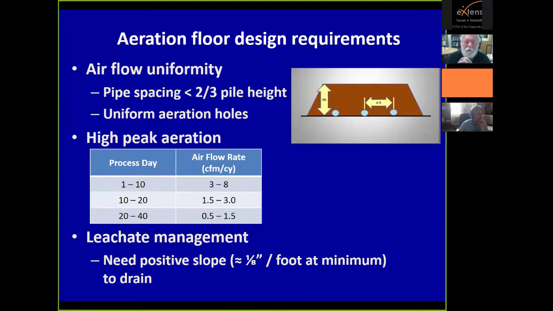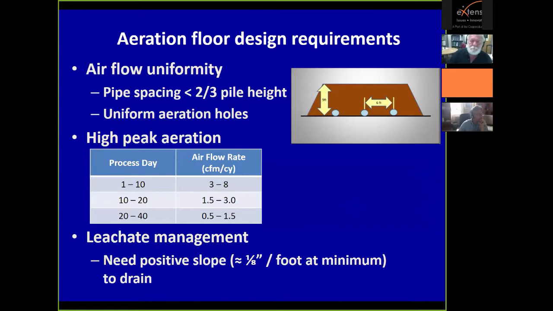In some of the earlier photographs I showed where I was using the angle iron for smaller diameter piping, in those systems I was using 1.5 PVC and I was putting it at 12 inches on center. So these larger type spacings are more appropriate for the traditional PVC piping of 4-inch diameter piping.